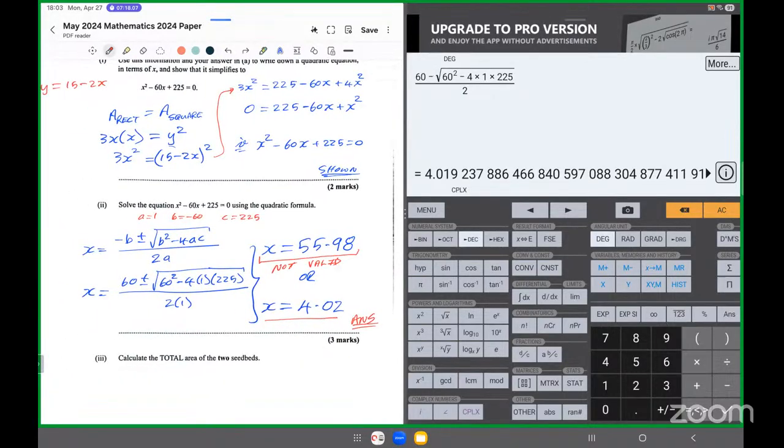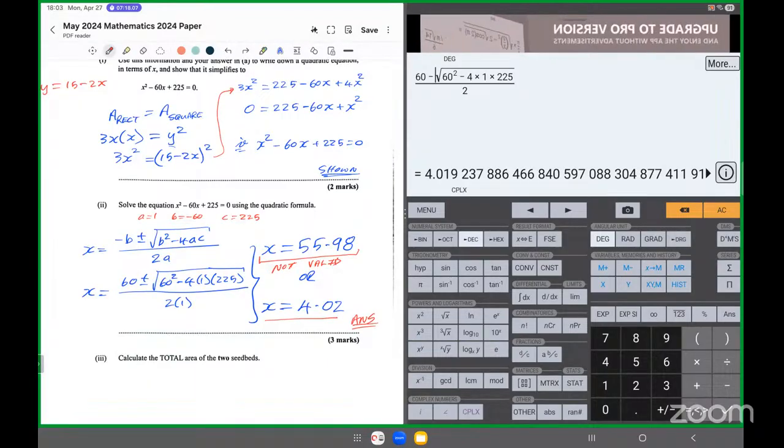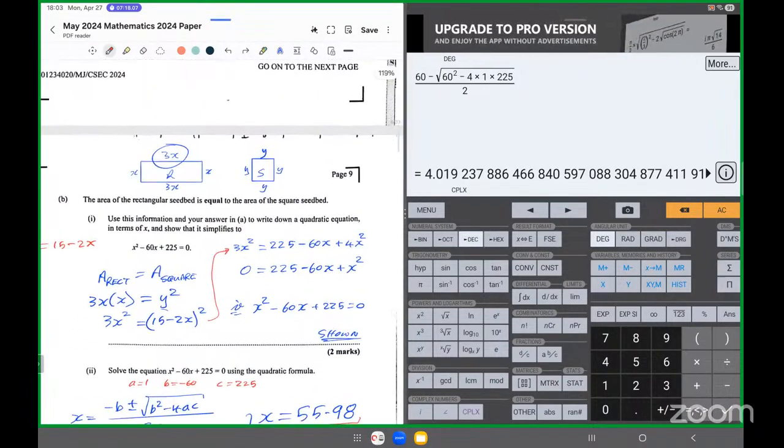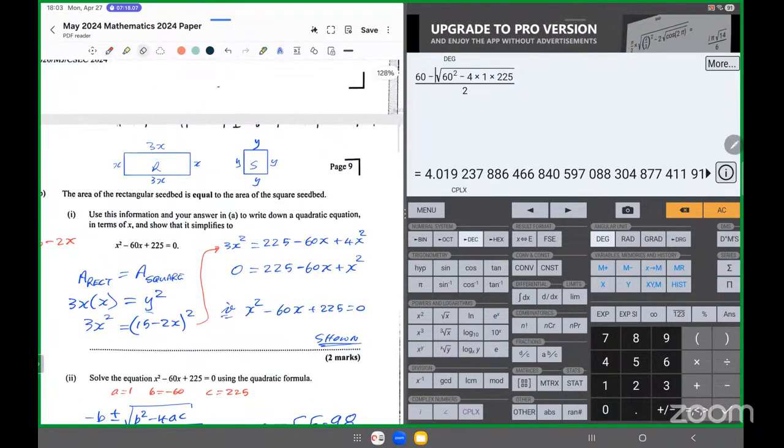That is, it's a calculate the total area of the two seabeds. Remember, the area of one of the seabeds was 3x times x, and the two of them are the same area, don't it? Good.